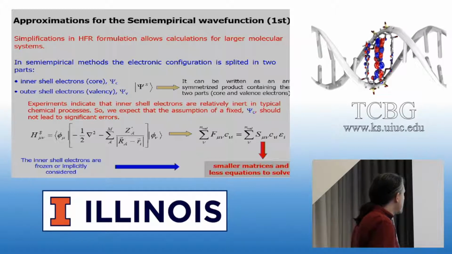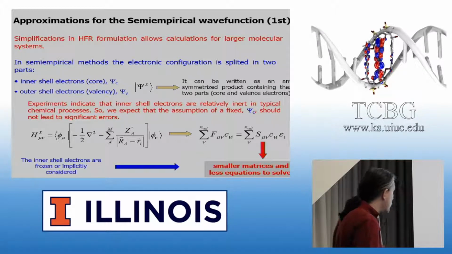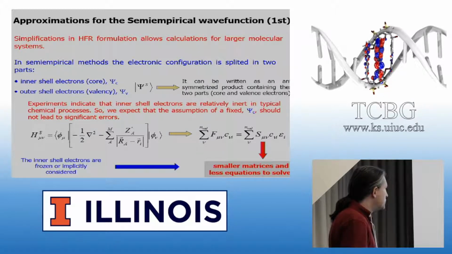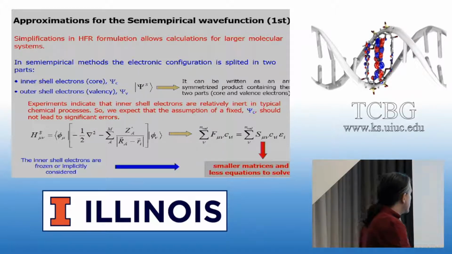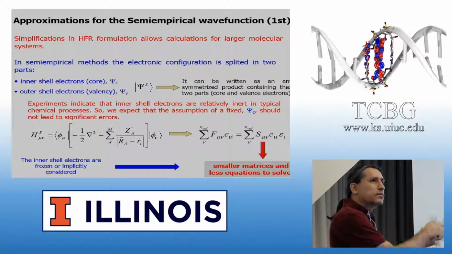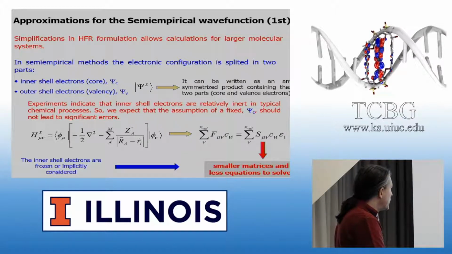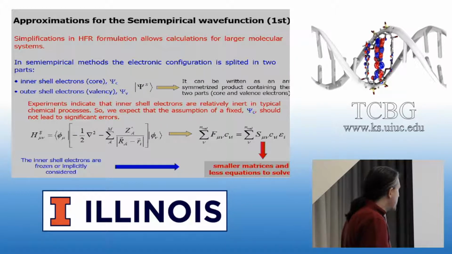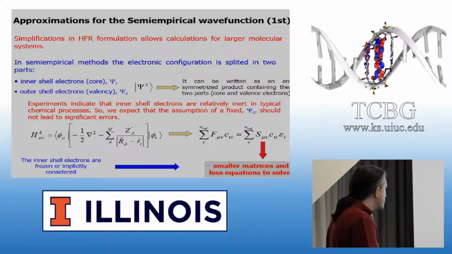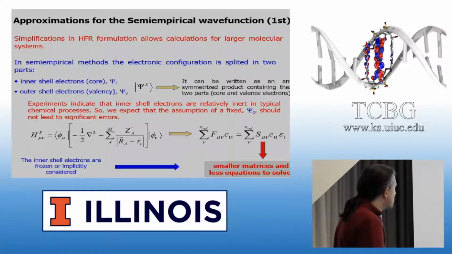The core electrons are like in a frozen core. They don't participate in the chemical reaction, and you can consider in the wave function only these valence electrons.